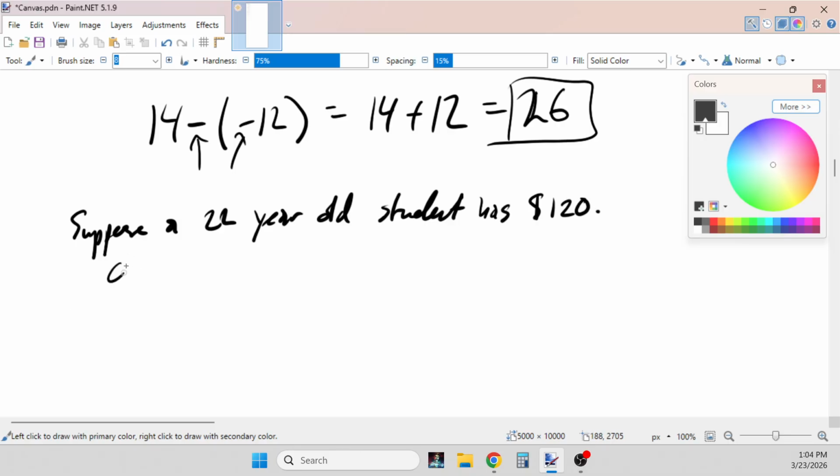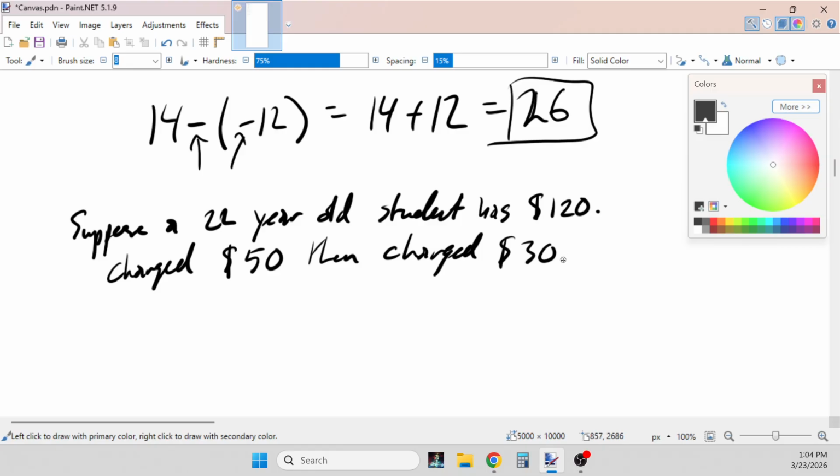They're charged $50, then charged $30. Then they return a $15 item. What's their balance?